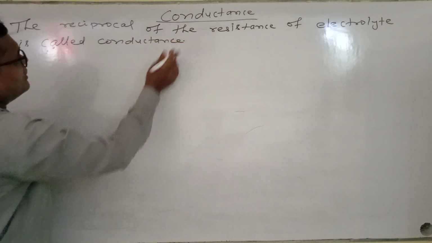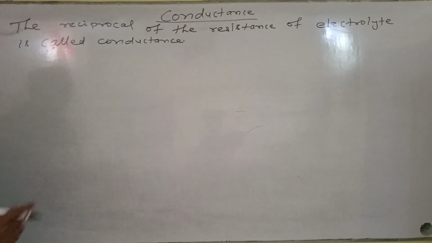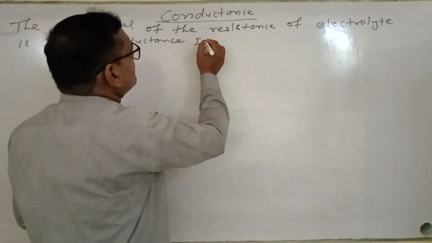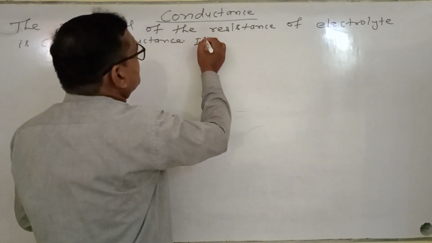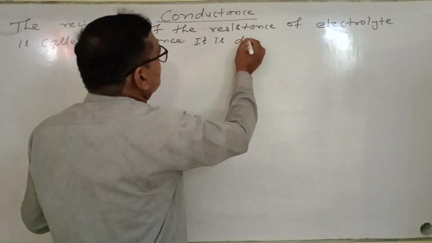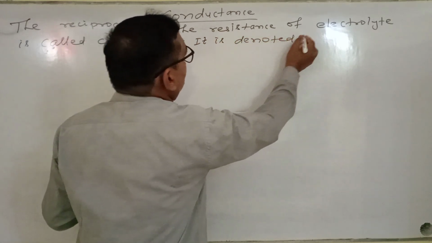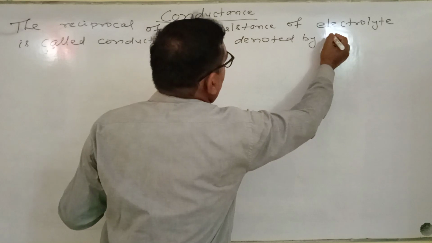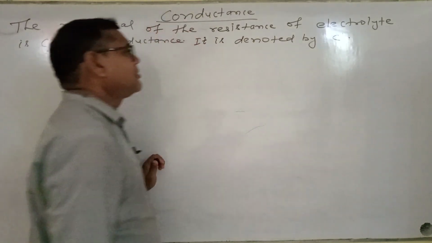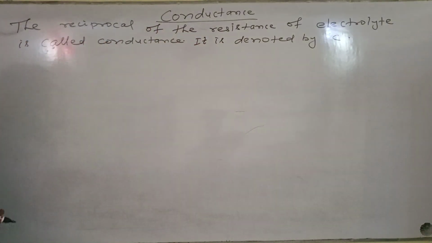It is the definition of conductance. It is denoted by C. The symbol of conductance is C.